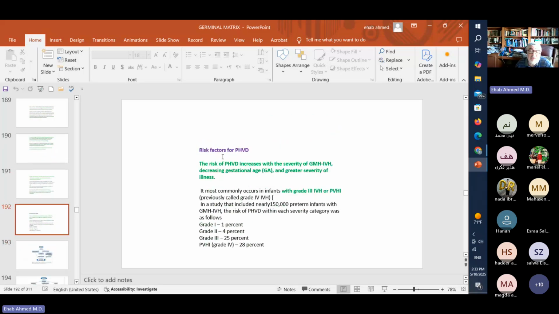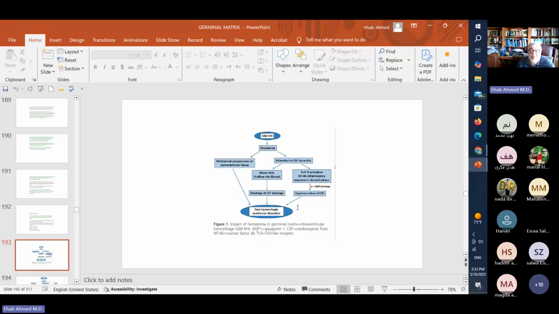So what are the risk factors for the post-hemorrhagic ventricular dilatation? It is severe GM-IVH, grade 3 or grade 4, or what we call periventricular hemorrhagic infarct. Okay, and depending on the severity, these are the percentages of the complications. If you have grade 1, you have only 1%, compared to grade 4, you have 28%. So it's the severity.